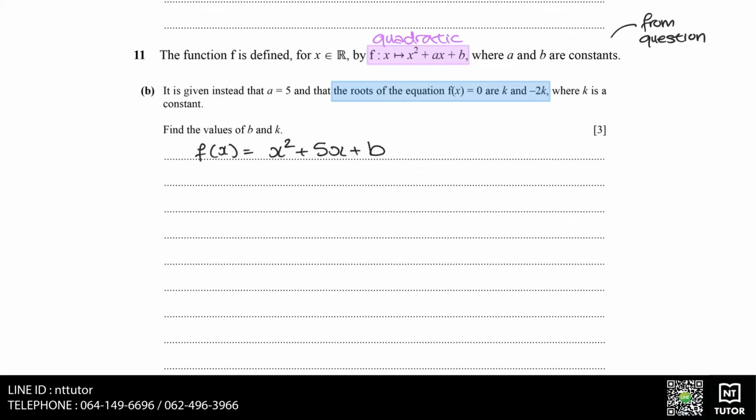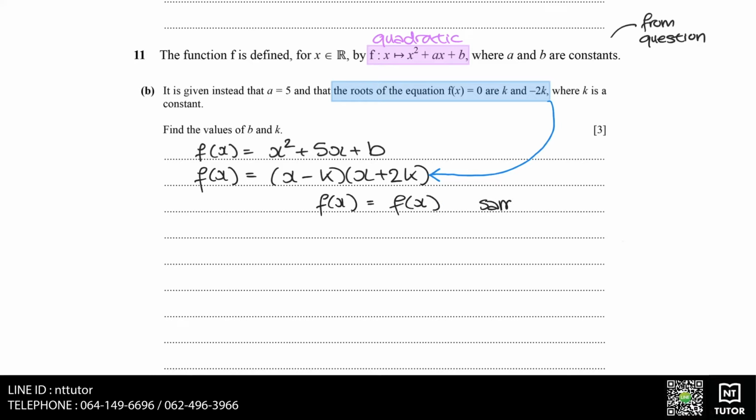So if the roots are k and minus 2k, we should be able to write the quadratic as (x - k) multiplied by (x + 2k). And those two expressions represent the same thing. They both represent f(x), therefore they must be equal to each other. Because when you factorize a quadratic, you are just rewriting the quadratic, you are not changing the value. So therefore, when we expand the brackets, we should get the same thing back.